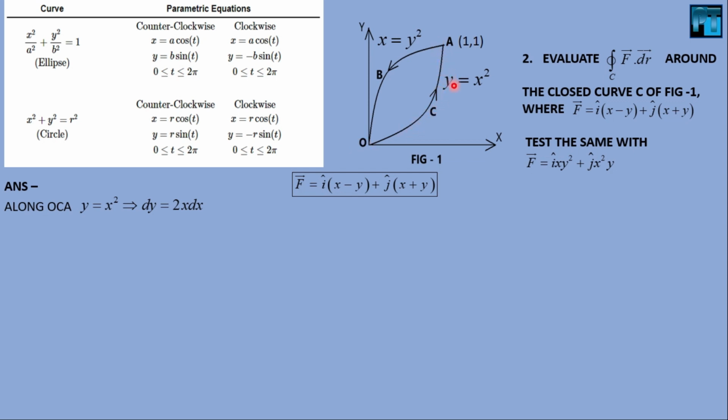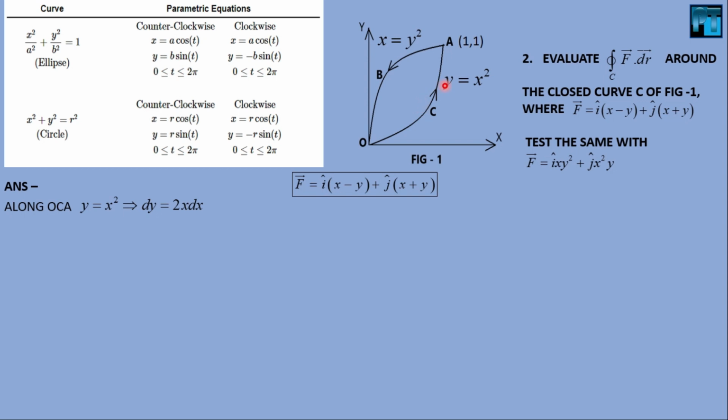Before I start doing further mathematics, always remember, follow the arrow marks. We start from O, we go to A through the path OCA, not the path OBA, because of the arrow mark.